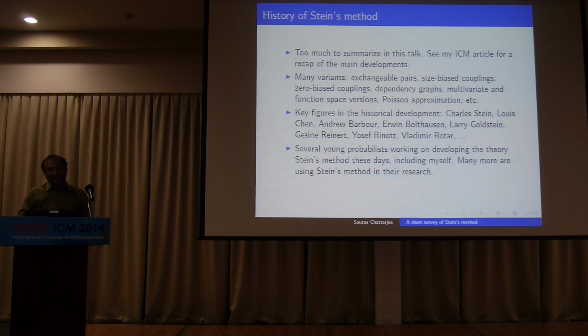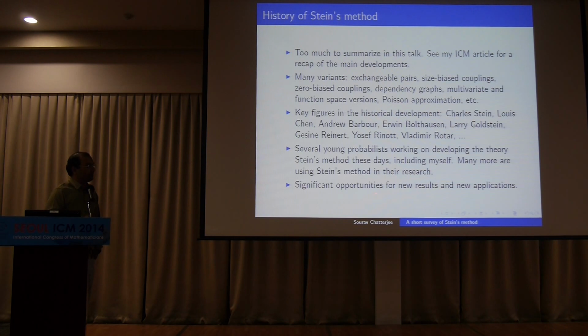And the good thing is that Stein's method is being used to prove theorems in applied areas. Various aspects of Stein's method are being continuously used. Even after 30 or 40 years, it's a thriving area.